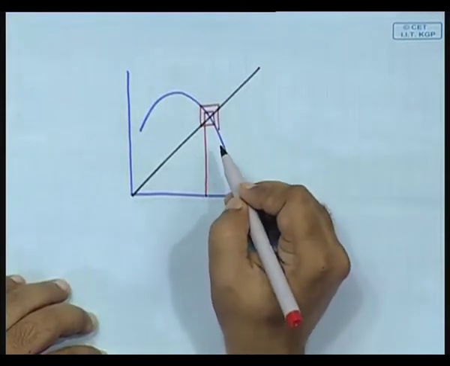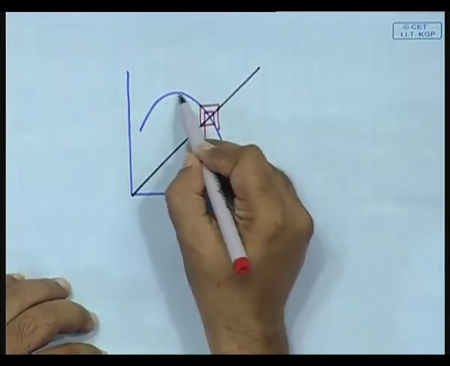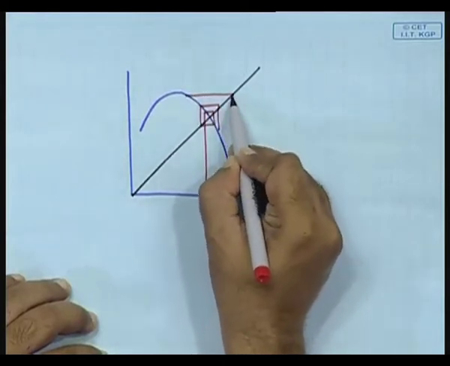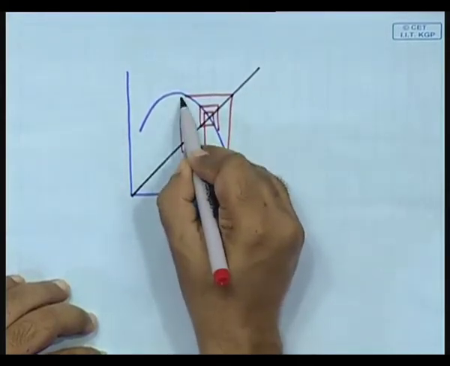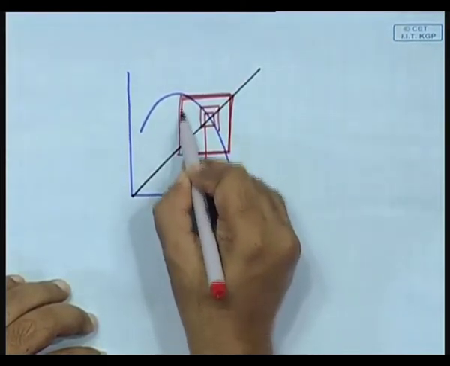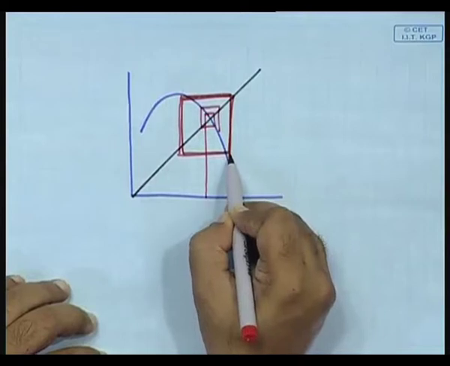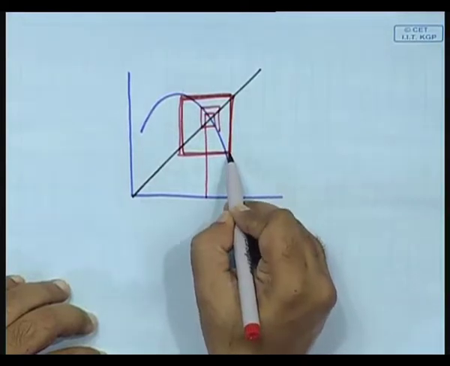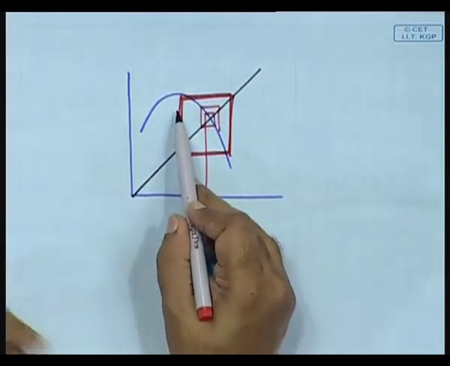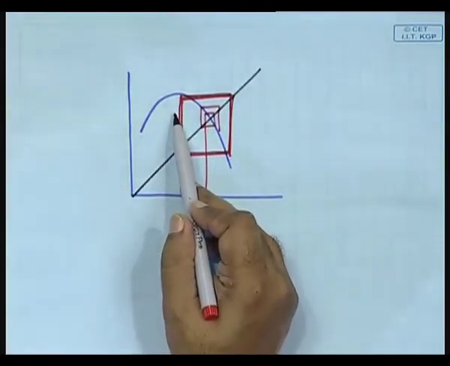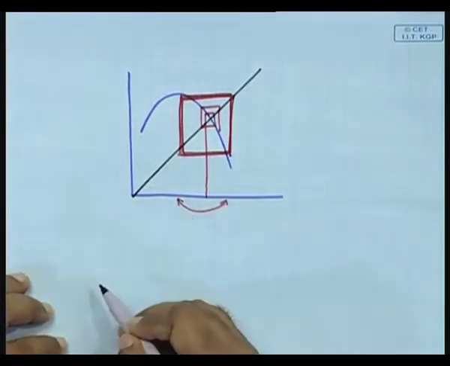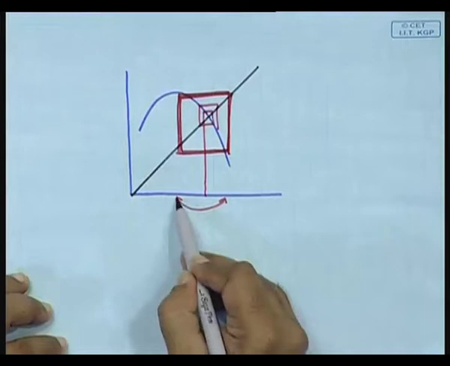But will it be able to diverge out indefinitely? No, because the slope is reducing here. So, after some time it will reach a state where it will become like this. It will be like this. What does it mean? It means that it has become what? A period 2 orbit, because it is toggling between two values. It is going from here to here, again back here.